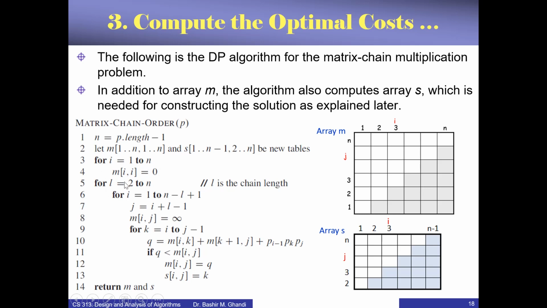Now from length 2 until length n. What do we do in each case? For i from 1 until n minus L plus 1, and initialize j to be equal to i plus L minus 1.